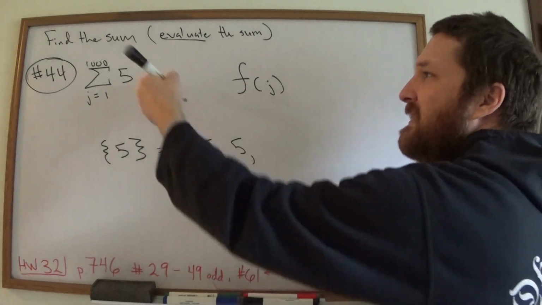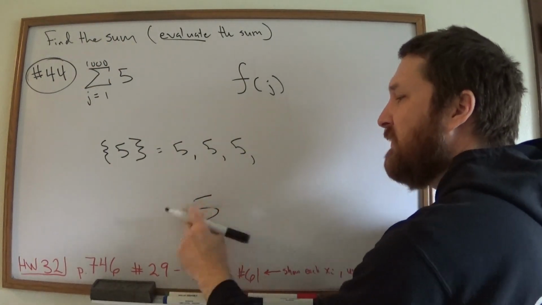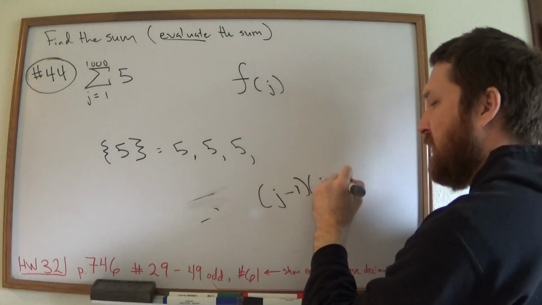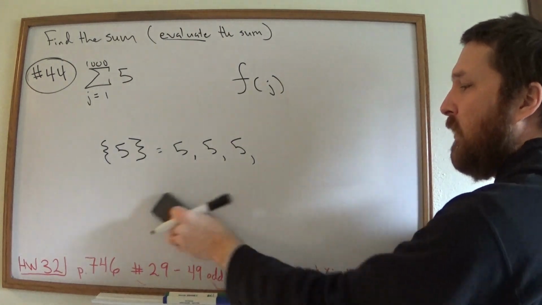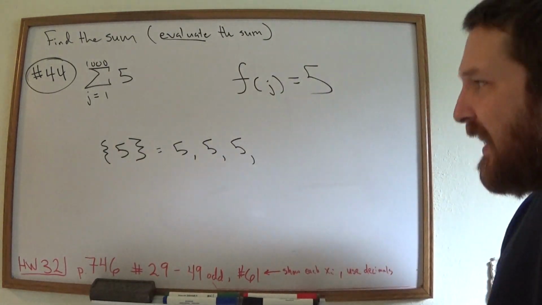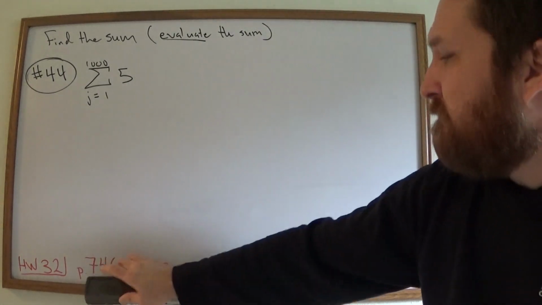And instead of it showing up in here, like it did with the previous ones, where like j minus 1 times j plus 2 or whatever, well, it doesn't show up, so that means it's just the constant output of 5. Okay, so this is just 5 plus 5 plus 5.